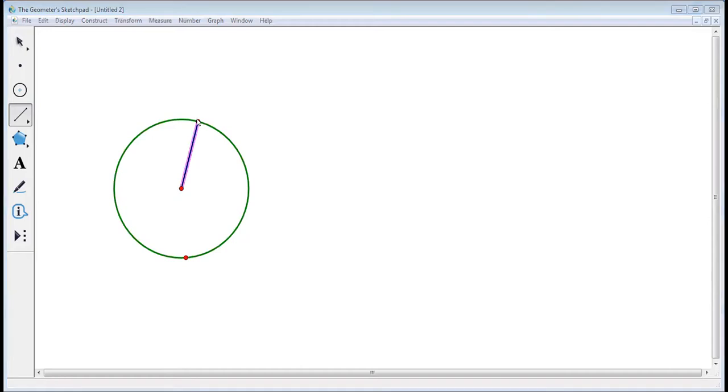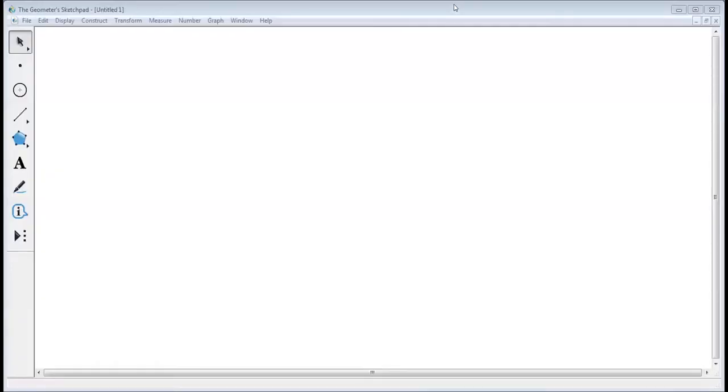We need either a radius or a diameter. And that is because, sorry, I have to restart Sketchpad because I'm on the trial version. It lets me work on it for 20 minutes and then time expires. So let me redo that real quick.